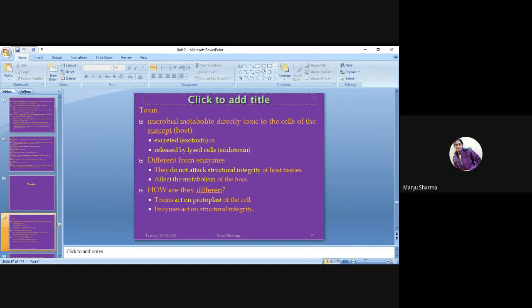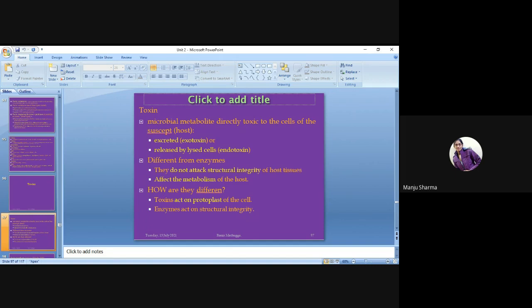Is that clear? Excreted means exotoxin, which will be excreted outside the plant cell, and endotoxins are those released by the lysed cells. So this is different from enzymes: toxins do not attack the structural integrity of host tissues but affect the metabolism of the host. So how do they differ?